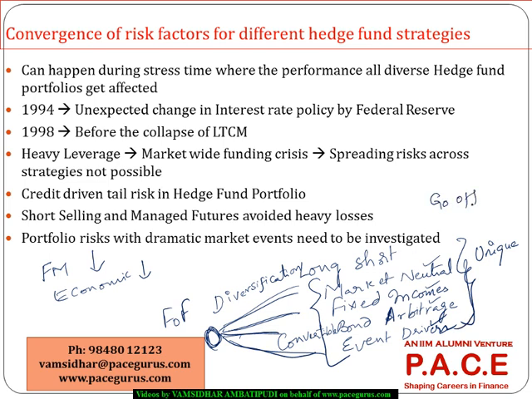Until that time the correlations between these various strategies were much lower, but because of those extreme events, when the market is under extreme stress, we find that the correlations between them improved drastically, meaning all of them will lose out, especially when there was the collapse of LTCM in 1998, or the unexpected change in the interest rate policy by the Fed in 1994. All of them lost very badly.